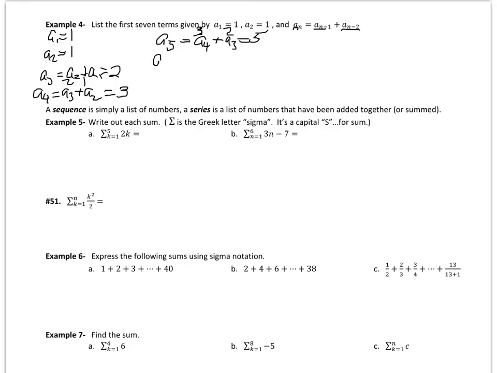Okay, what about a sub 6? That's a sub 5 plus a sub 4, which is 5 plus 3, which is 8. And then a sub 7 is a sub 6 plus a sub 5, which is 13.